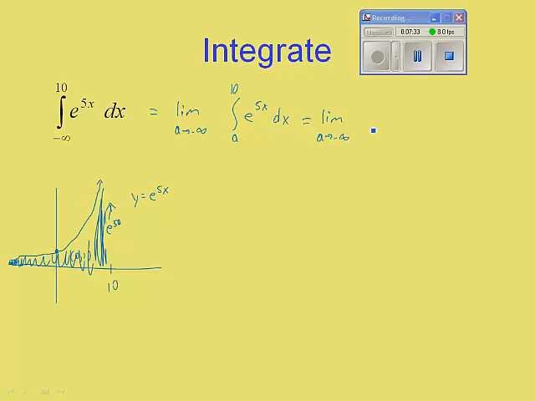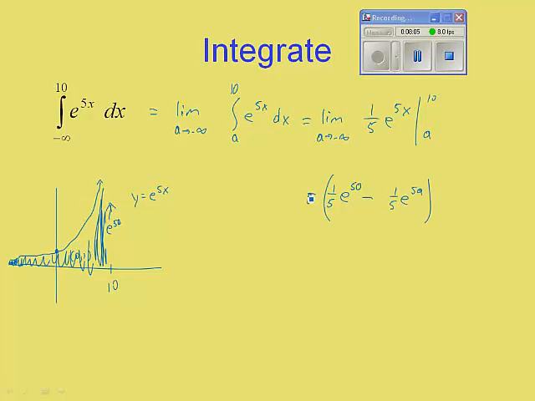And how do we integrate this guy? I think I need a 1/5. E to the 5x, right? And we go from a to 10. So this is 1/5 e to the 50th minus 1/5 e to the 5a.